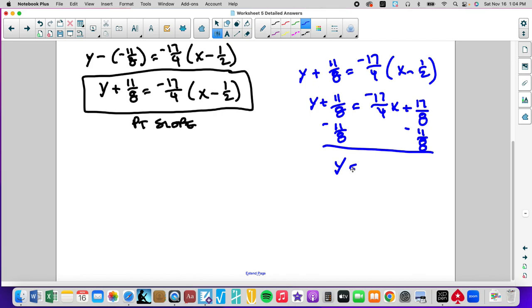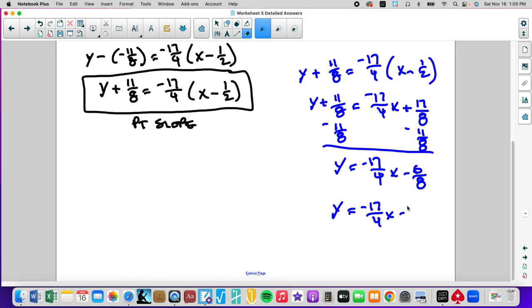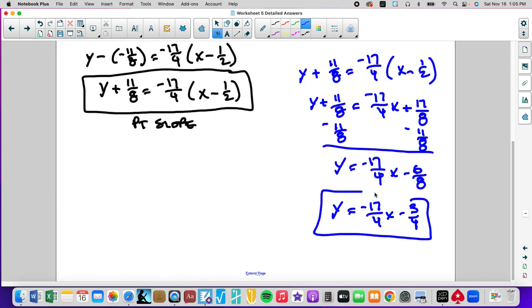And we get y equals -17/4 x minus 6/8. And we would reduce that. y equals -17/4 x minus 3/4. That is in slope intercept form. Be interesting if I got that right. Just such a weird, ugly fraction.